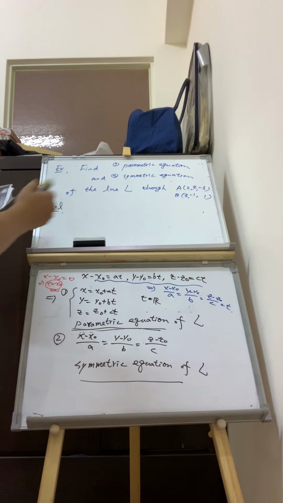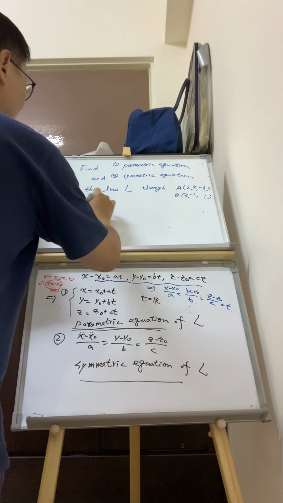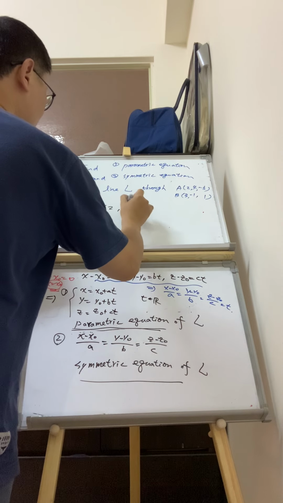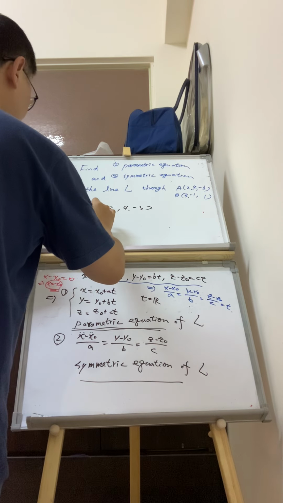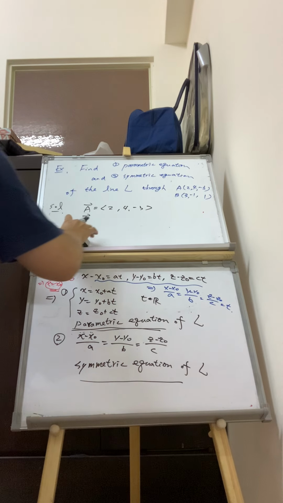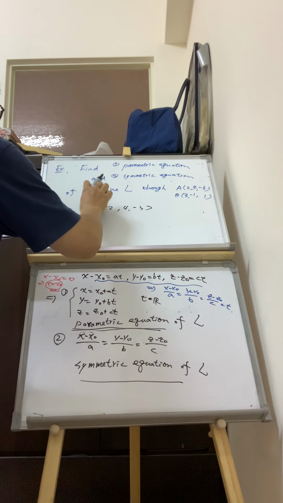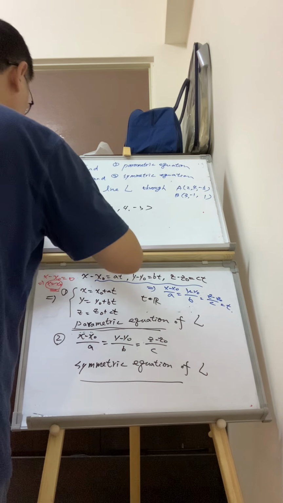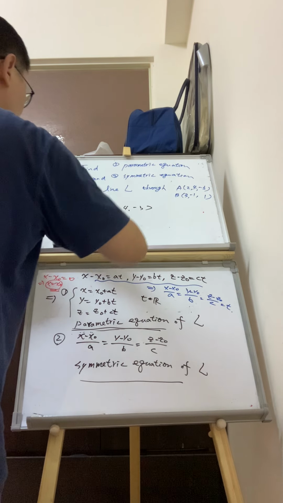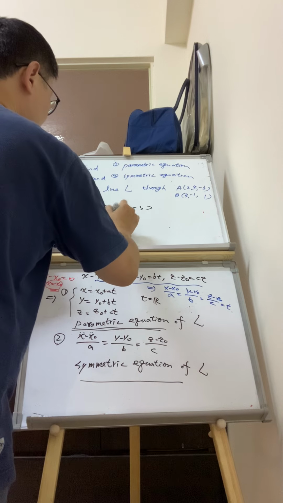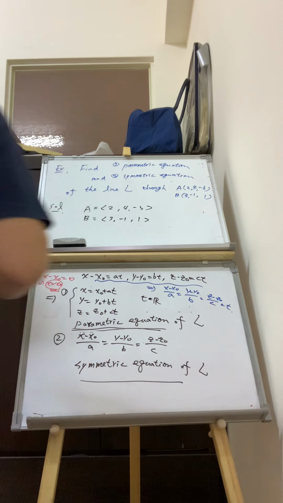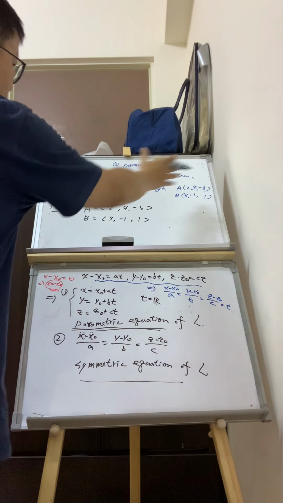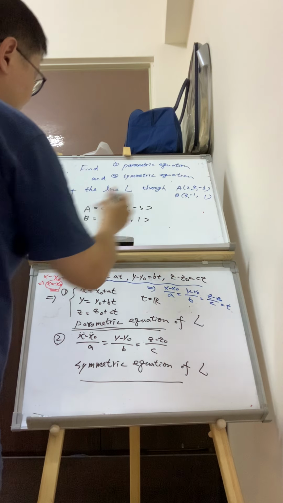Yeah, so now we have point A (2, 4, negative 3), point B (3, negative 1, 1). So the straight line passes through these 2 points.